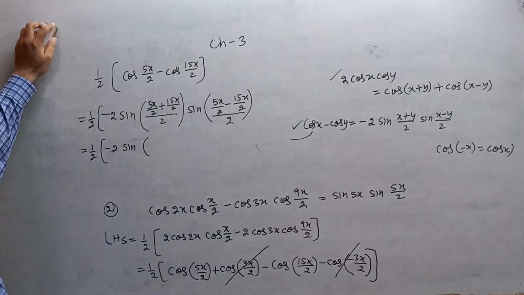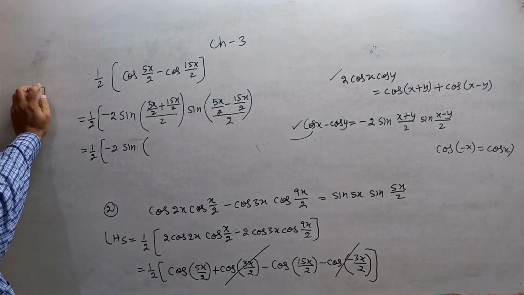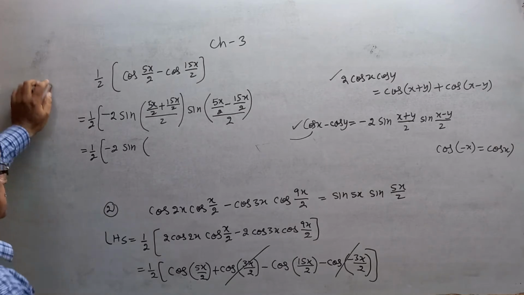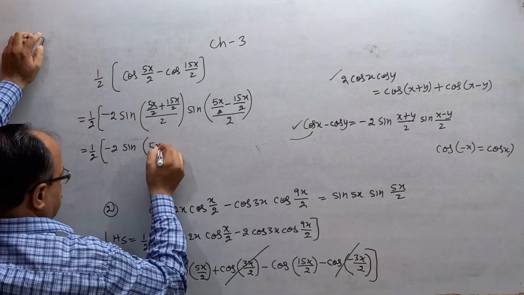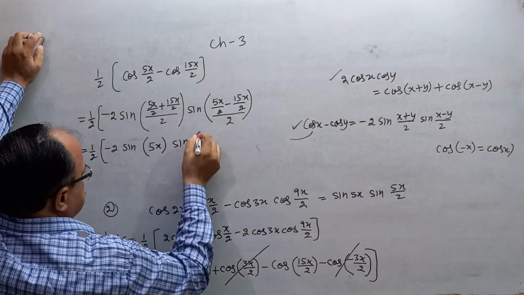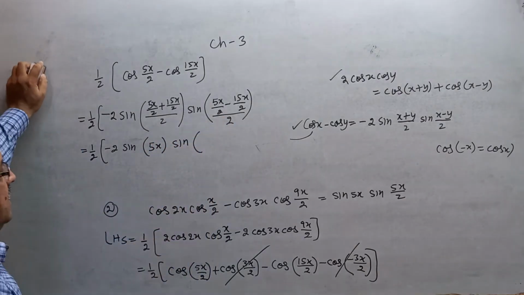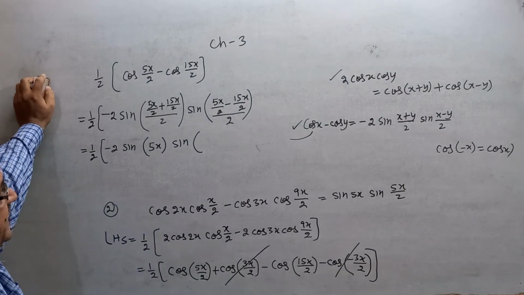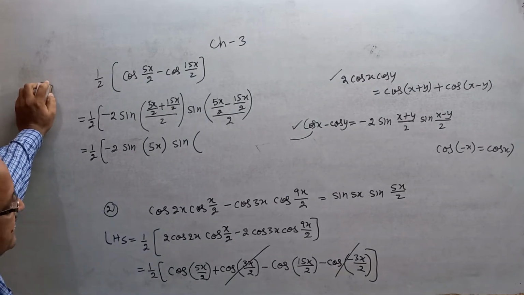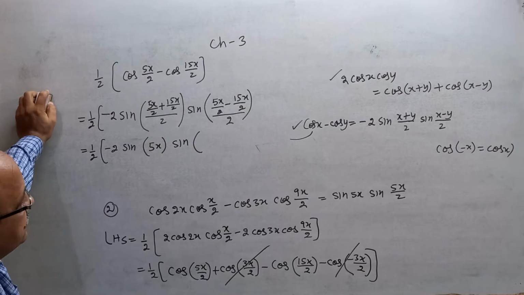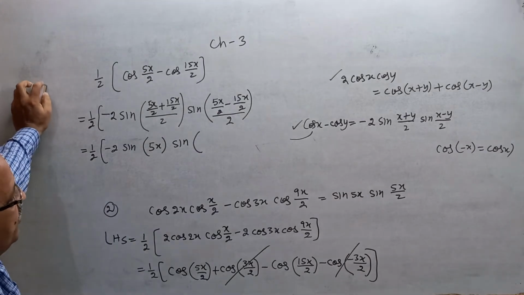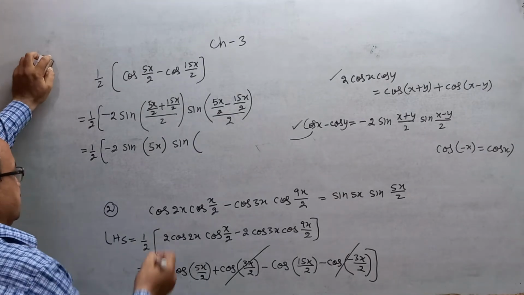Now simplify this. 5x plus 15x, 20x, 20x by 2, 10x, 10x by 2, 5x. Sin of 5x minus 15x, minus 10x divided by 2, minus 5x.